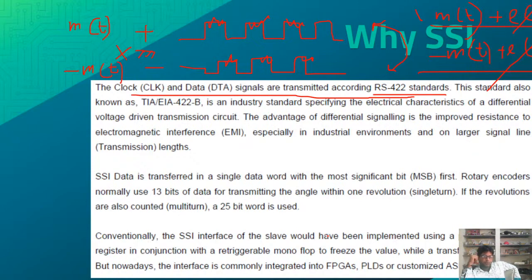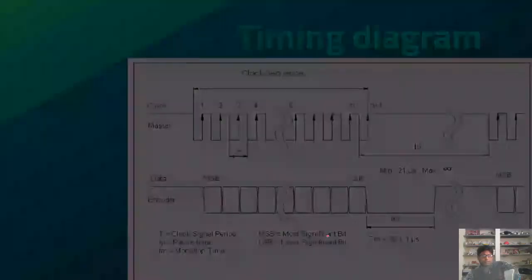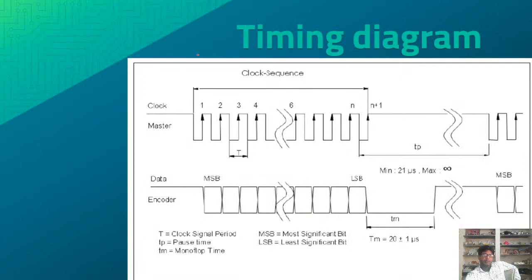Here I am going to show you the encoder, which is maybe 25-bit. I have it in my lab, so that data only I have taken. You see, this is the timing diagram.